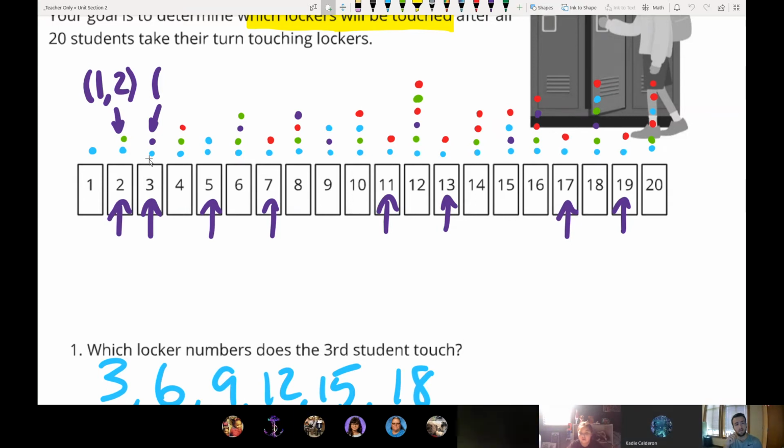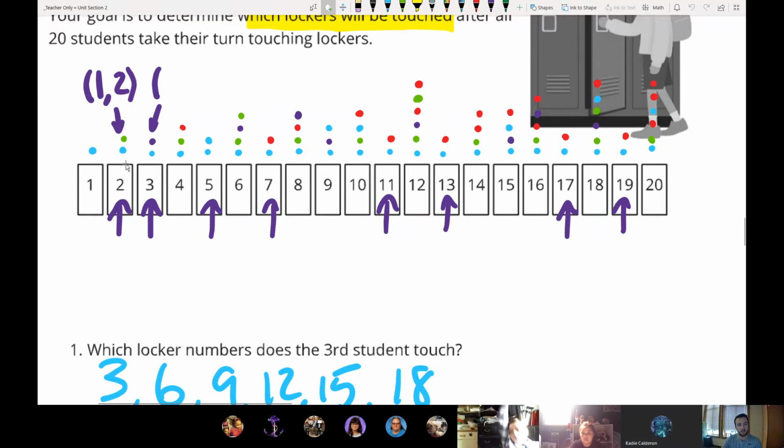Yes. So here, let's backtrack a little bit. Remember, the first student touched every single locker because they started at 1 and skip counted by 1. So they touched the second locker, the third locker, the fourth and the fifth, the sixth, the seventh, the eighth, all the way on up.